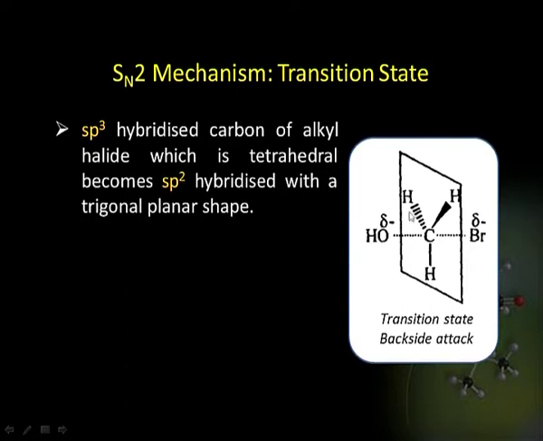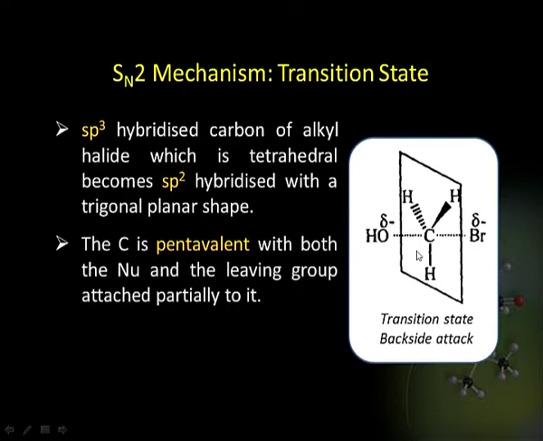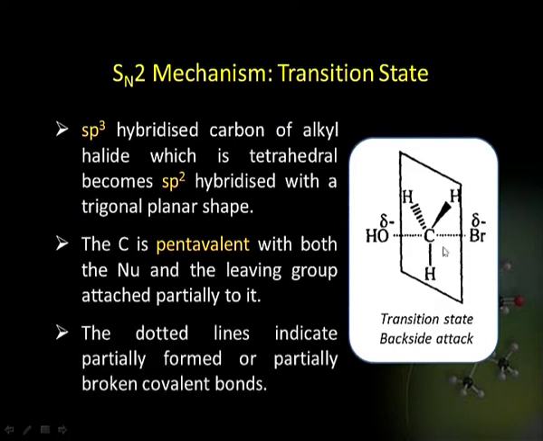It means that the transition state is actually planar, and the carbon atom to which the nucleophile and the leaving group are attached is pentavalent. The dotted lines in this transition state depict the partially forming bond and the partially breaking bond. So, this is the transition state of the SN2 mechanism.